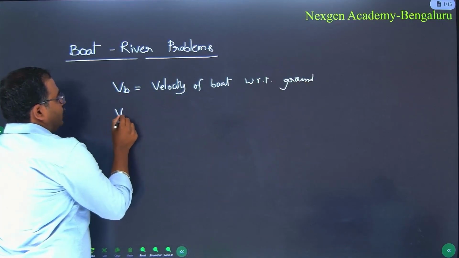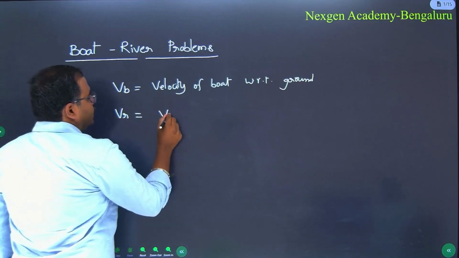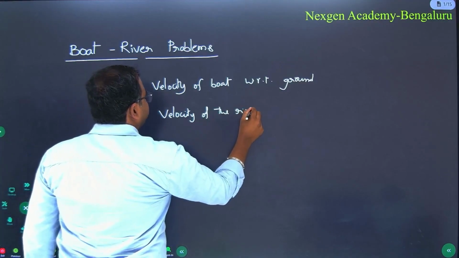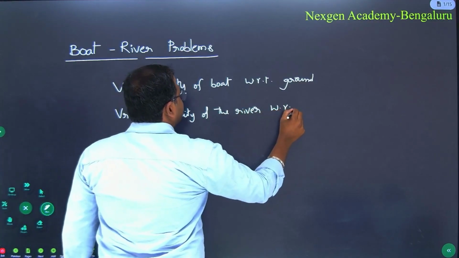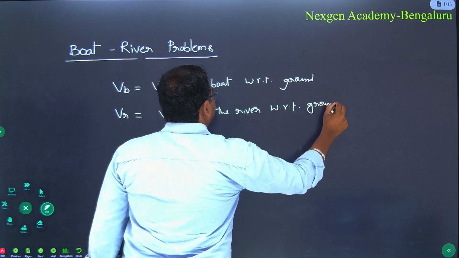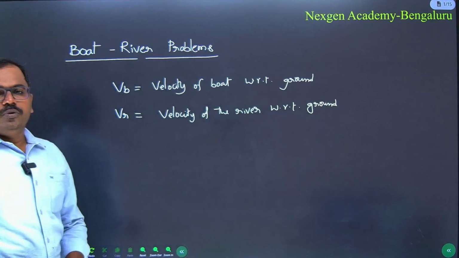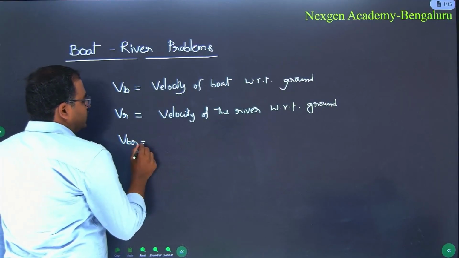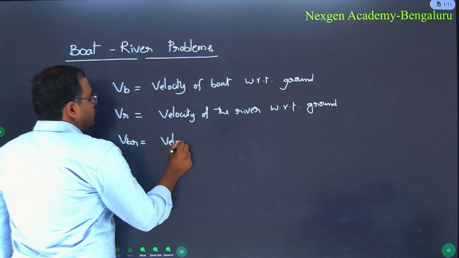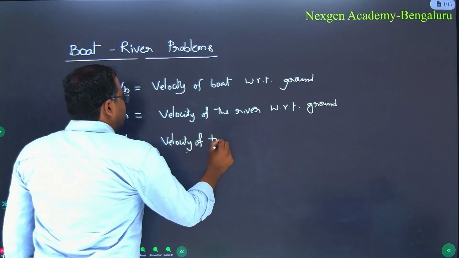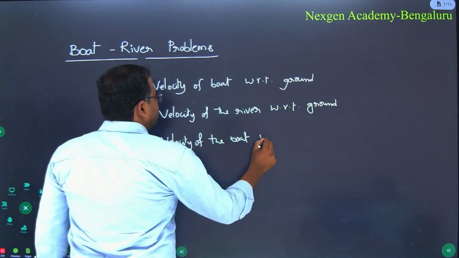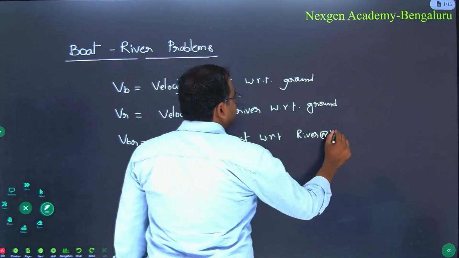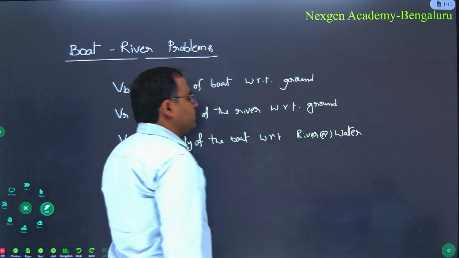Similarly, the velocity of the river with respect to ground, or we can call it the absolute velocity of the river. Next, the velocity of the boat with respect to river, VBR, or with respect to water.